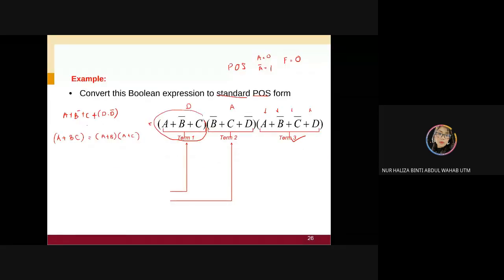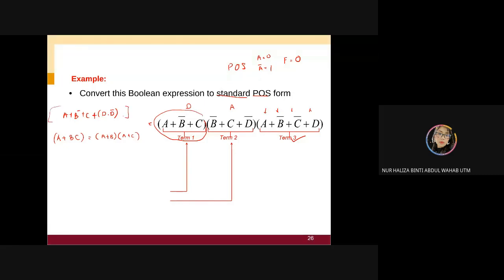Then, how to relate to this Boolean expression after I already add with my rule number 8? You can see this is my A. This is adding. This will be my B. And this will be my C.